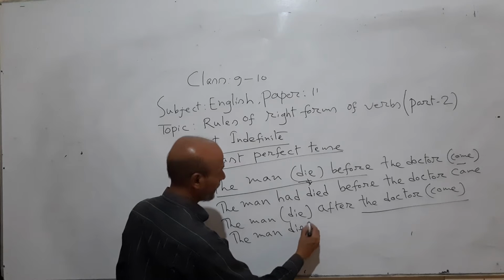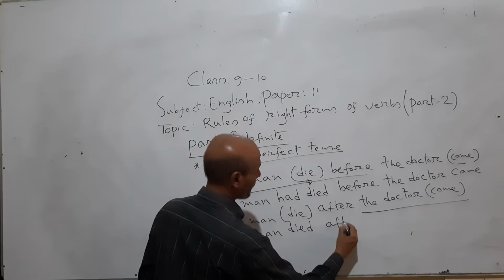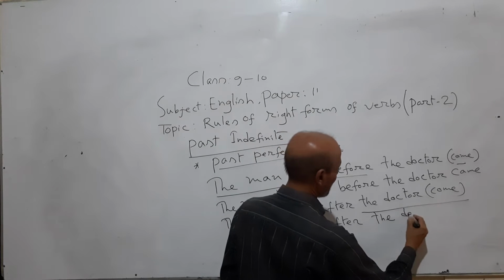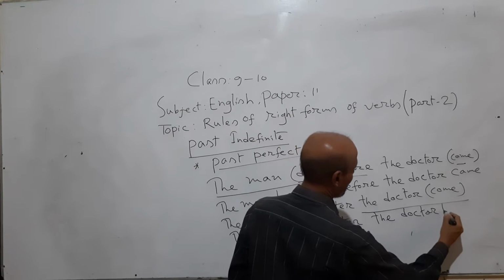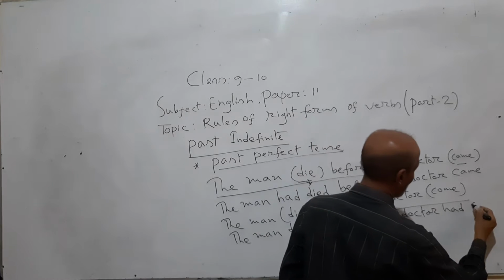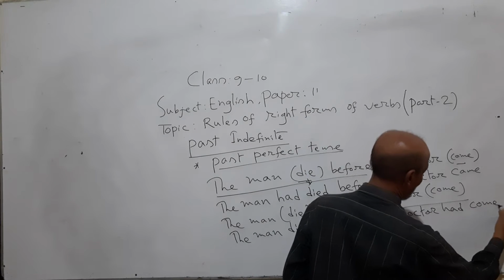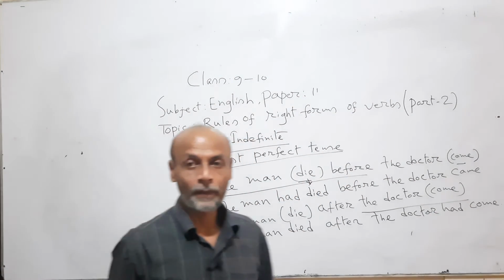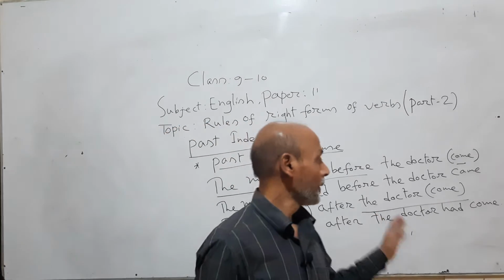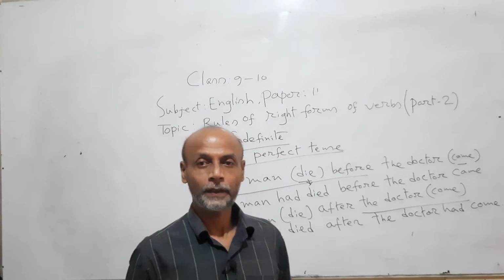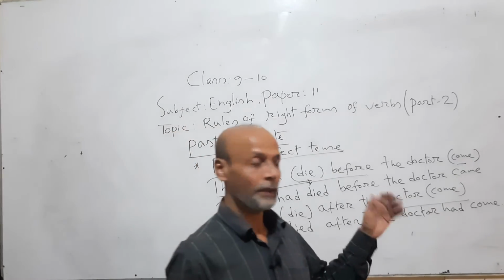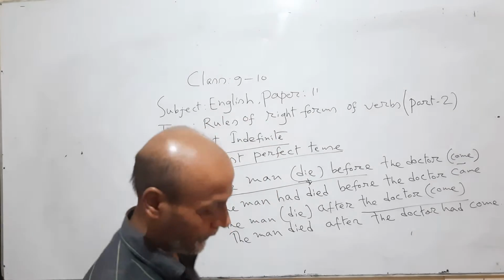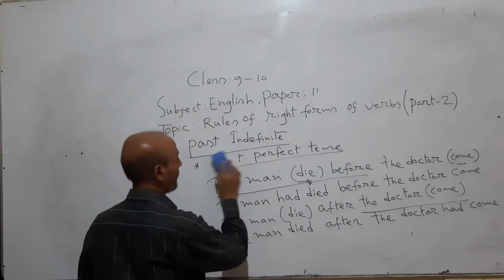The man died after the doctor had come. First participle. I think and hope you have got the point, and you can easily do the tasks based on first perfect tense. Another rule for you.